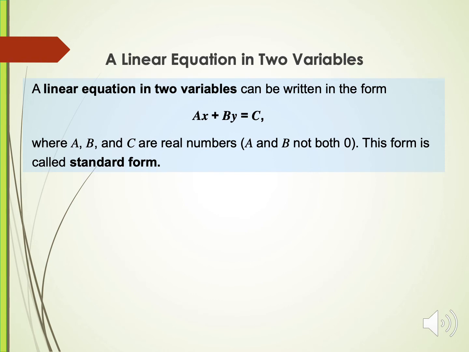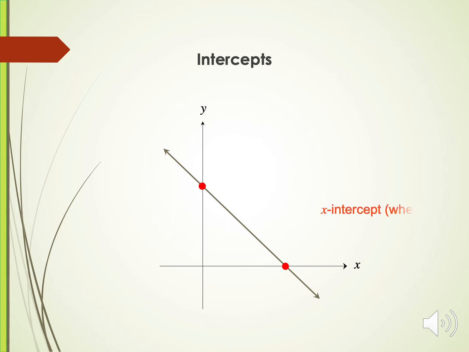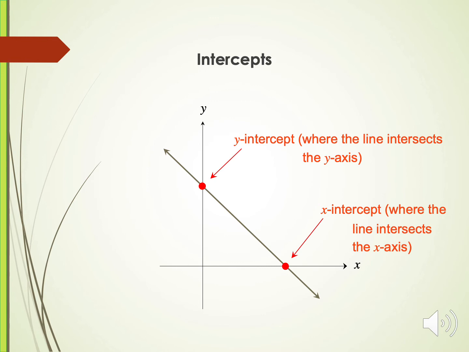Okay, so in relation to this one is the finding of the intercepts. Okay, so when we say intercepts, those are the points that intersect either the x-axis, or called the x-intercept, or the point that touches the y-axis, or called the y-intercept.